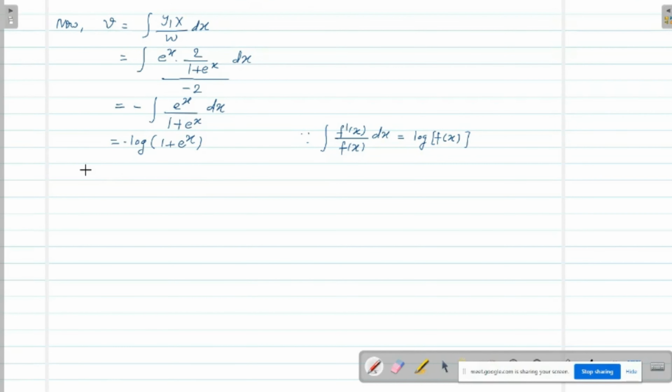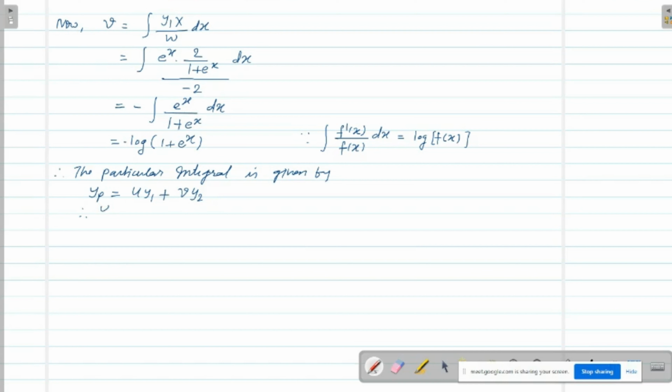Now, the particular integral is given by yp equal to u y1 plus v y2. This is the formula for the particular integral. Now we found the value of each term.